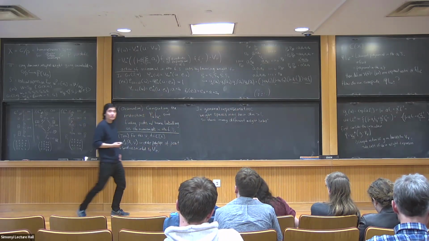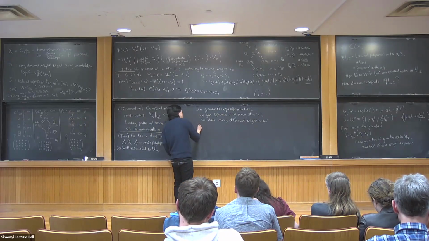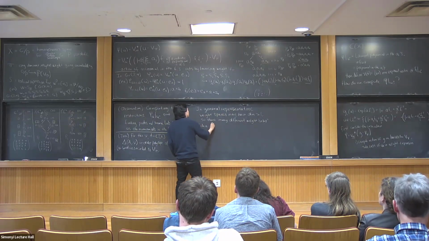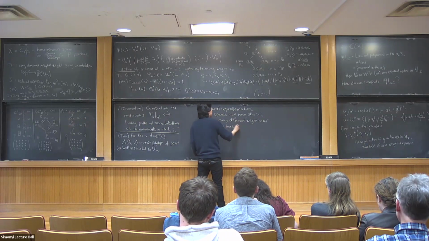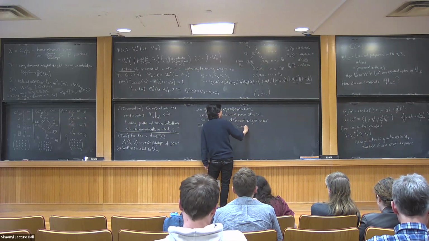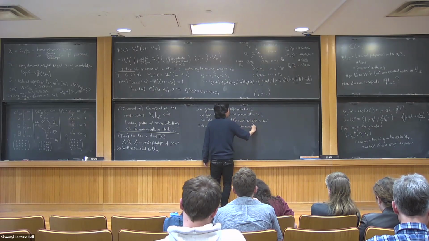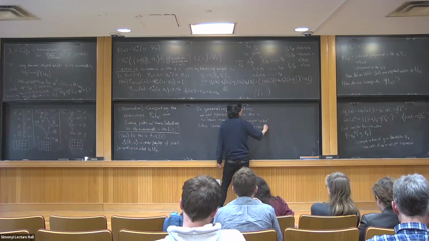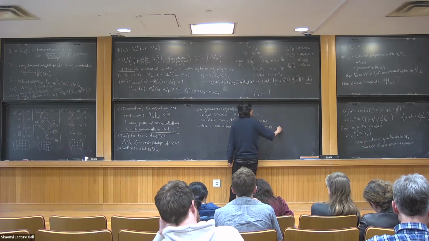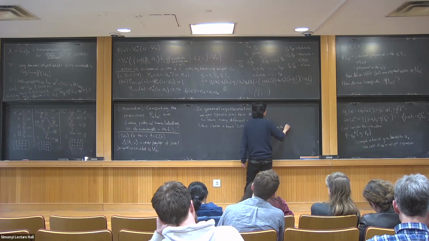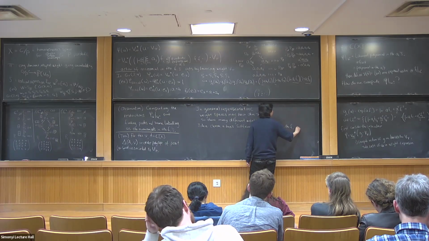So the idea, which I don't have enough time to describe, is to choose a basis which is sufficiently compatible with the F_i actions.